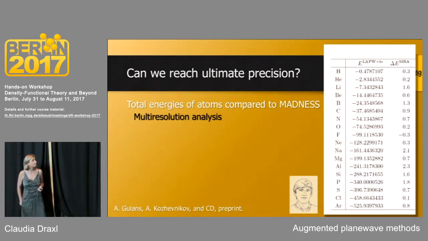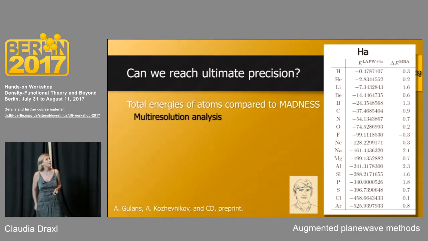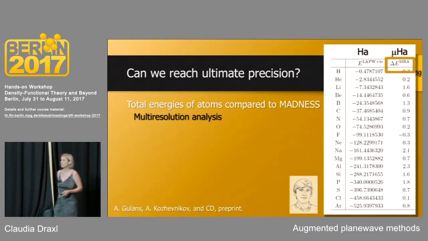So what we have here is our LAPW, or APW plus LO, solutions, total energies for these atoms, given in Hartree. And here you have the difference to these highly precise solutions from MADNESS. What you see here is not Hartree, but micro-Hartree.